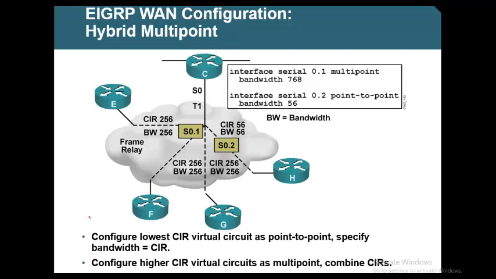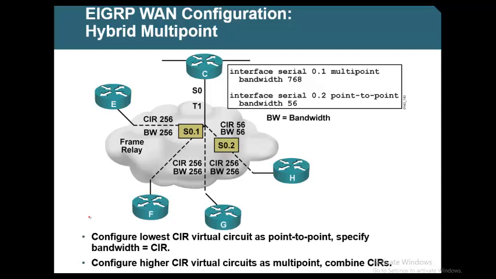Now we can use both point-to-point and multi-point. If you're using point-to-point, you go under that sub-interface and say, like here, 56 bandwidth. If you have multi-point with similar CIR value, committed information rate, then the sum of bandwidth on all this multi-point should be the bandwidth on the hub router.